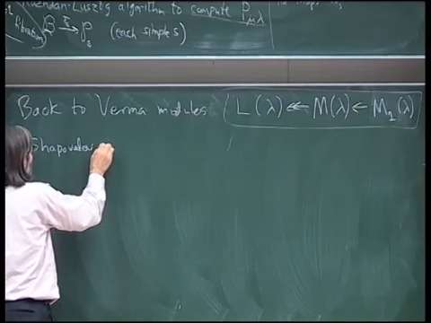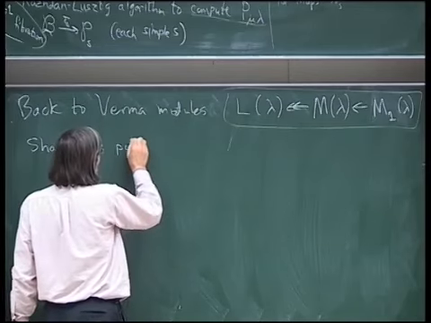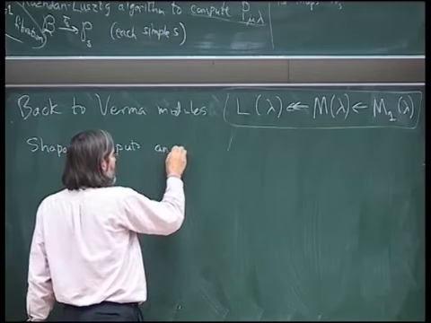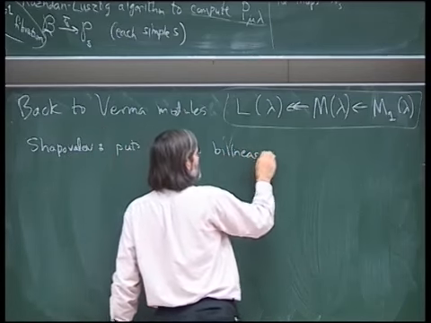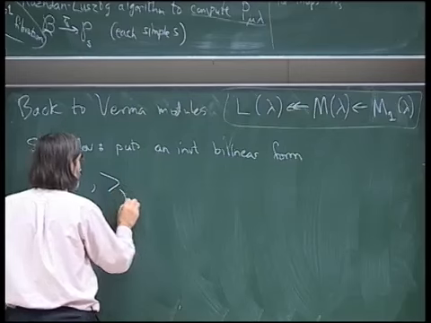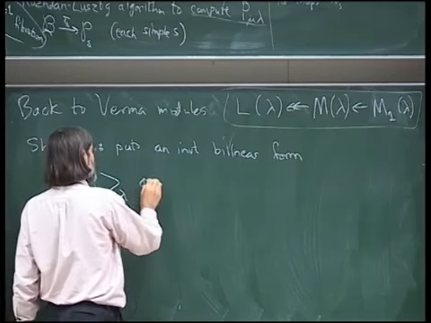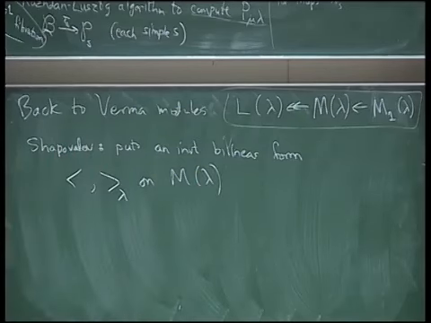What Shapovalov does, he puts an invariant bilinear form on this M of lambda.